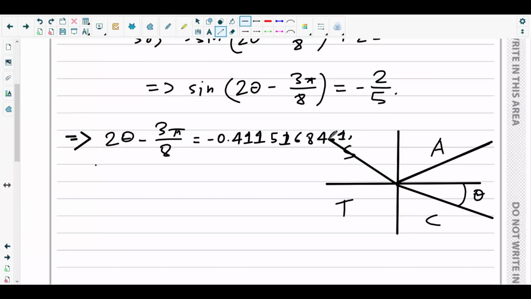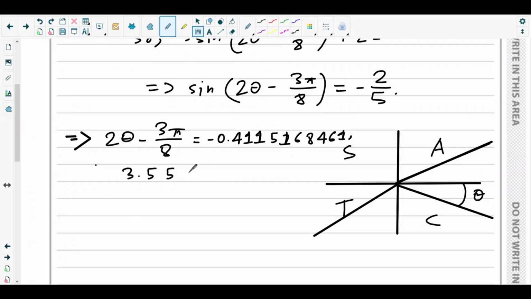In the second quadrant not possible either, but in the third quadrant there is another possible value for theta, which is pi plus 0.411, that is 3.1416 plus 0.411, which is 3.55 radian.